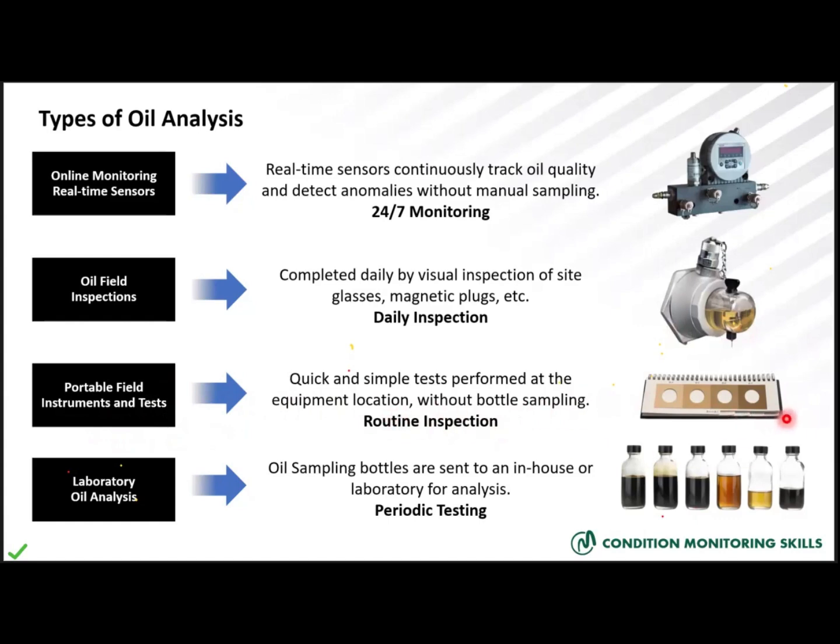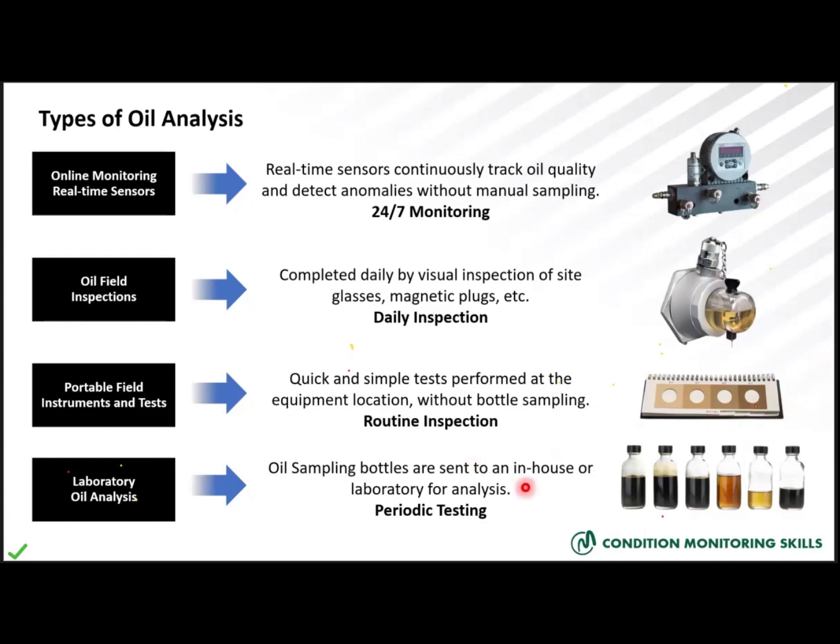It's a very quick and simple test performed on site at the equipment location without any bottle sampling. This could be a very quick test, giving you the quick information that you need to know. However, it's not a very deep type of oil analysis or a complete solution to understand everything about the condition of the oil.